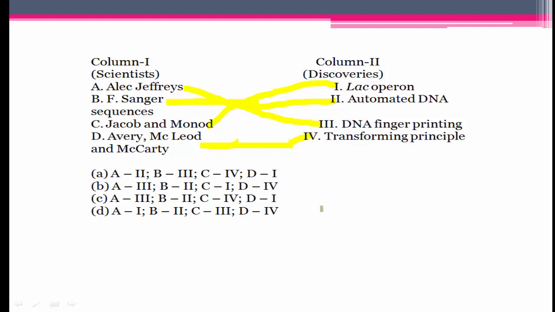So which one is the right option? A is 3, B is 2, C is 1 and D is 4th. So here option B is the right answer.